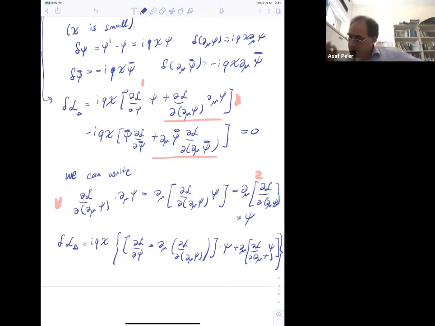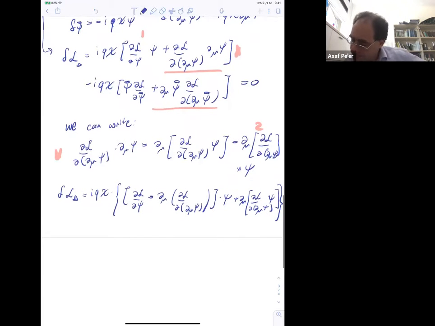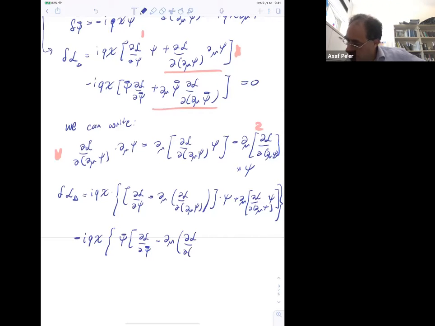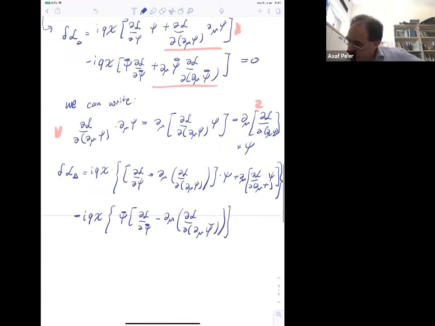And of course, similar for the psi bar: minus i q chi, psi bar times dL over d psi bar minus d mu of dL over d d mu psi bar, and plus d mu of psi bar dL over d d mu psi bar.